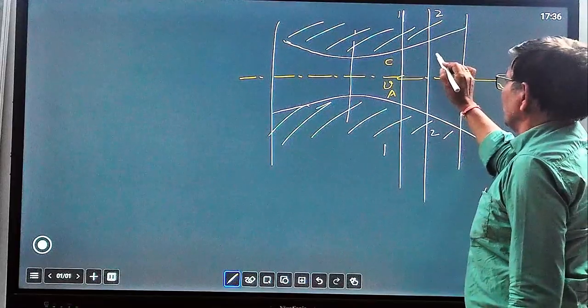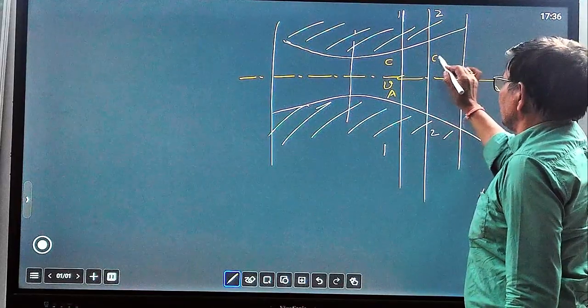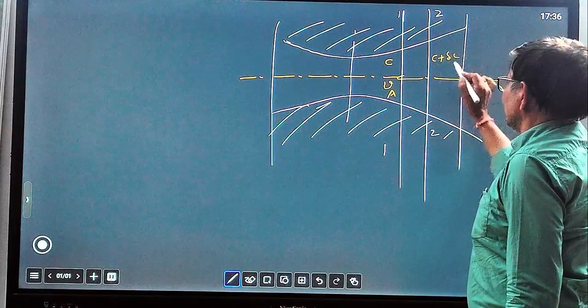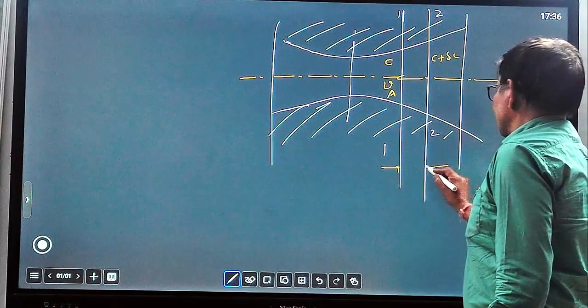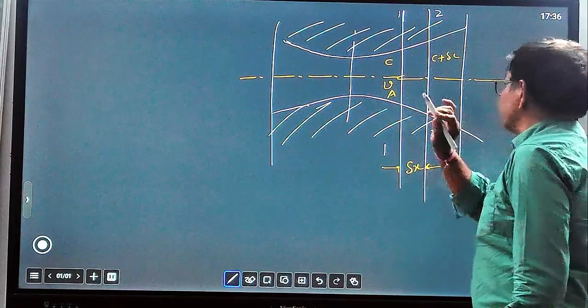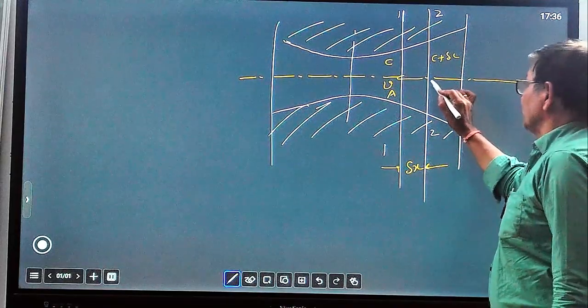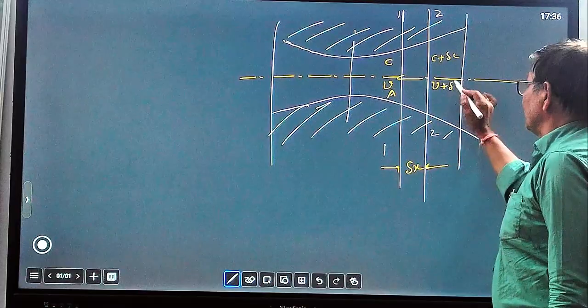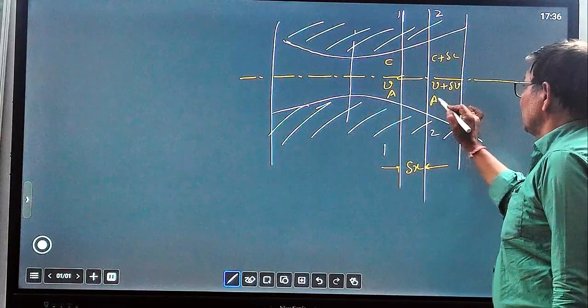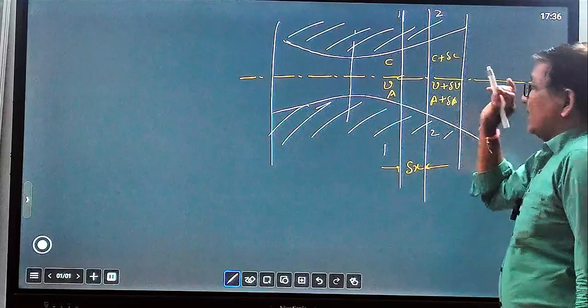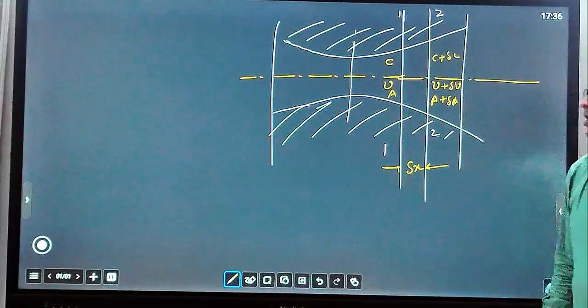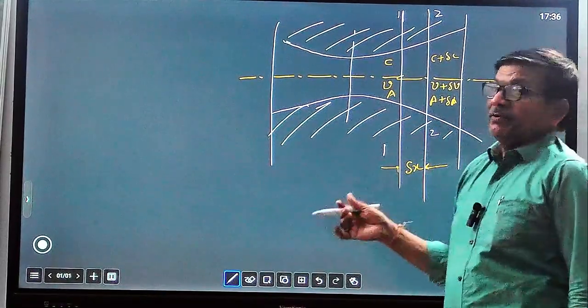Suppose velocity changes from C to C plus del C over a thickness del x, so C changes to C plus del C, v changes to v plus del v, and A changes to A plus del A. We consider this an isentropic flow, reversible adiabatic flow.